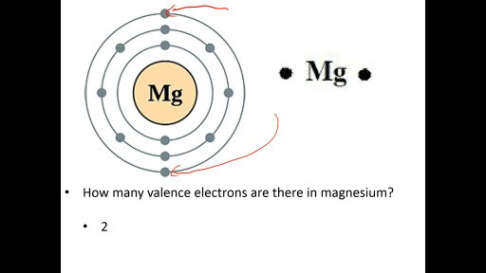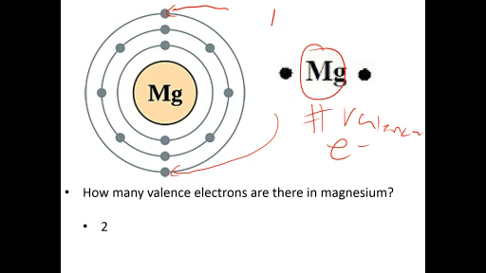Looking at something we'll talk about in a couple of slides, Lewis dot structures. A Lewis dot structure is nothing more than its chemical symbol representation and a representation of the number of valence electrons.